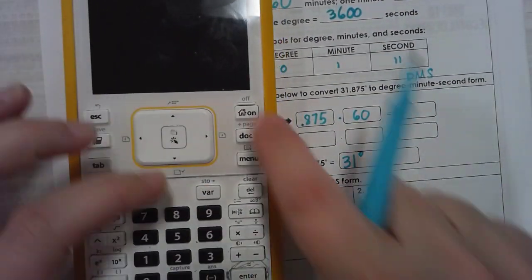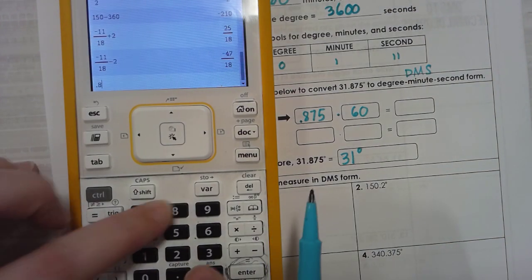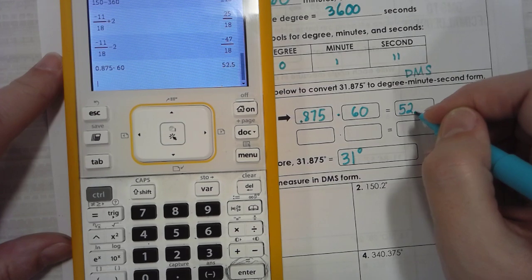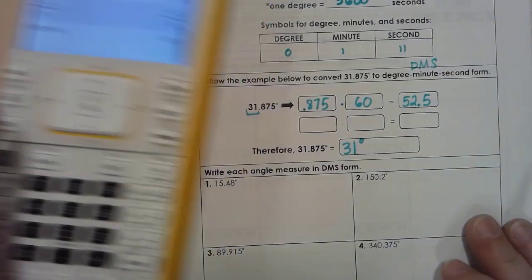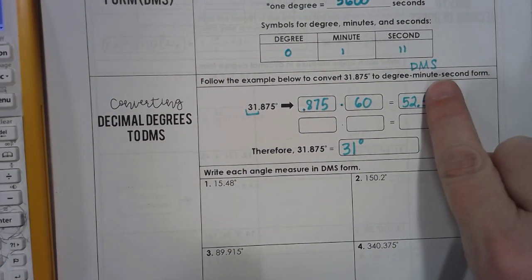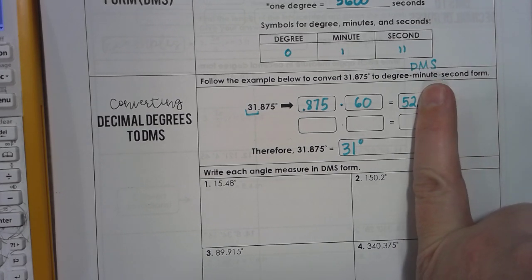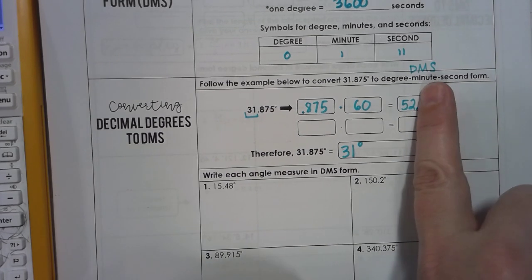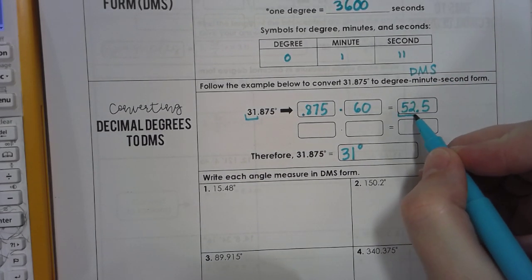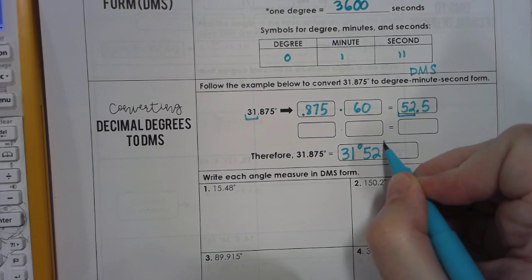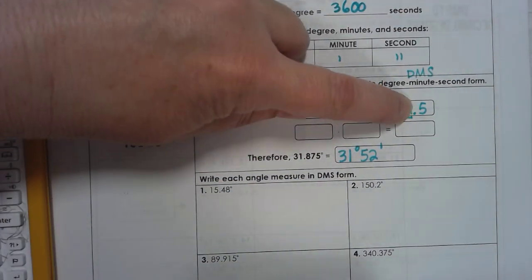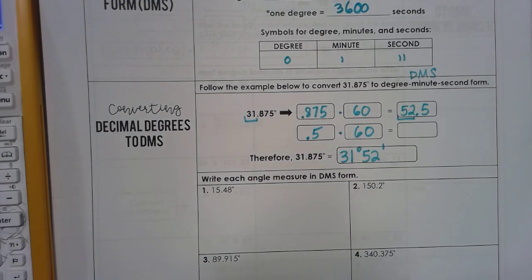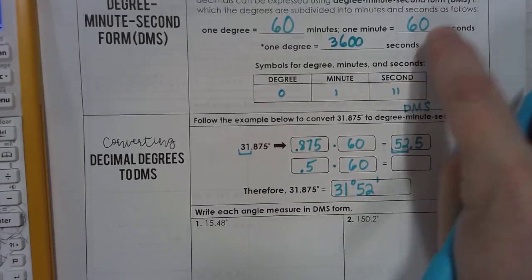Okay? So 0.875 times 60 gives 52.5. If that was a whole number, I would have all minutes and no seconds, because you don't have to have all of them. But since there's a decimal, this 52 becomes our minutes, 52 minutes. Then we take the decimal that's left, the 0.5, and multiply that by 60 again to change it into seconds.